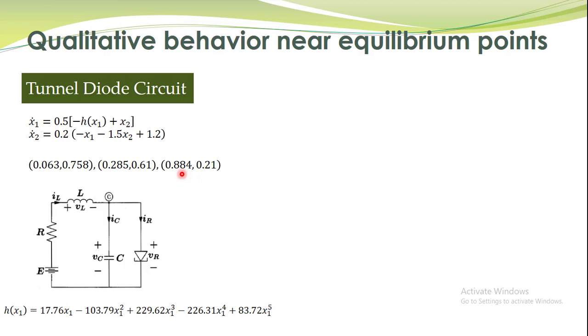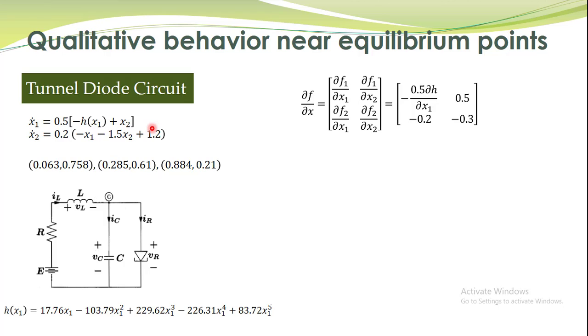So we shall linearize this system at the equilibrium point, and by looking at the qualitative behavior of the linearized system, we shall predict the near equilibrium point behavior of this nonlinear system. For that purpose, we find the Jacobian matrix.